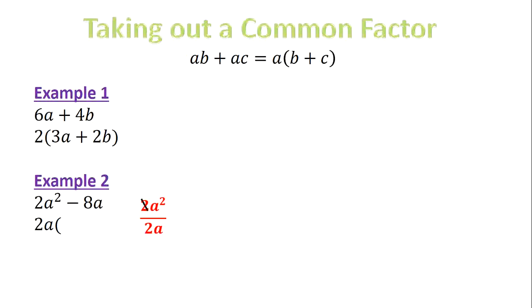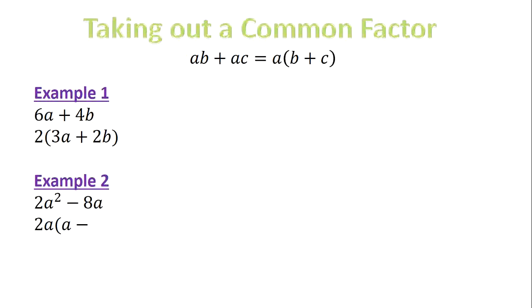So 2 goes there once, 2 goes there once. A goes into a squared a times, and a goes into a once. And so in my numerator, or the top, I've got 1 times a. In the denominator, I've got 1 times 1, which means it is just a. And I write a just after the brackets.